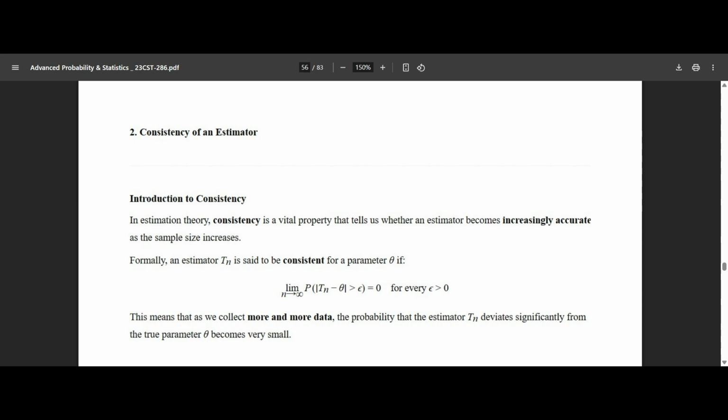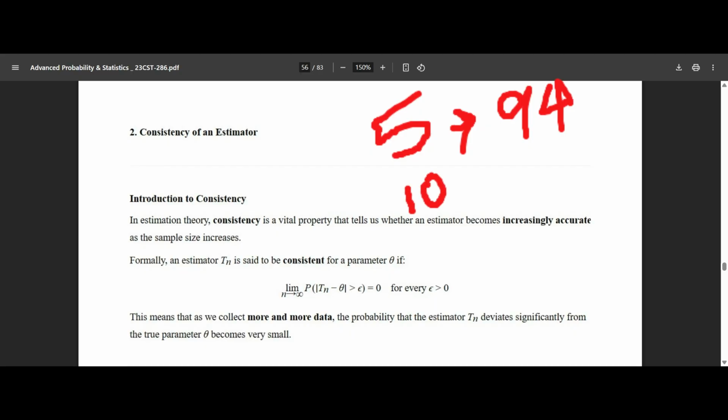Now what does this mean? Let me explain in basic terms, okay? Imagine you took the mean of math marks of 5 students in your class, and that mean comes out to be 94. Okay, meaning all five are very good at studies. Now if you increase the sample size to 10, a few mediocre students also are included. Now the sample mean comes down to 80.